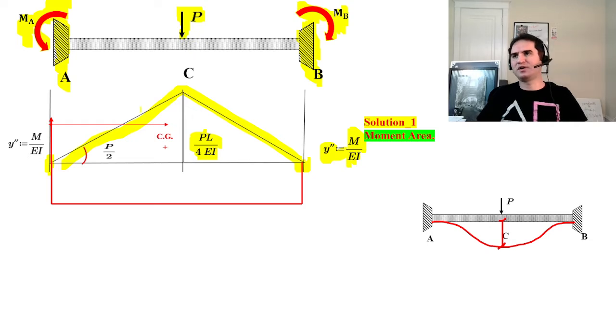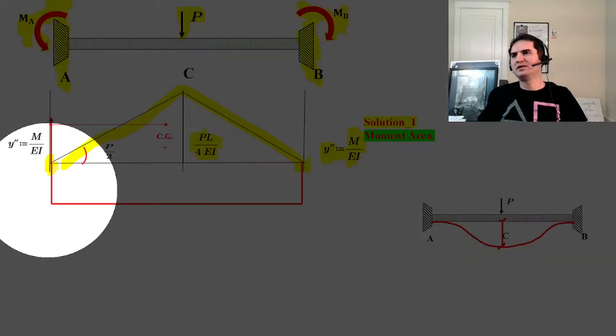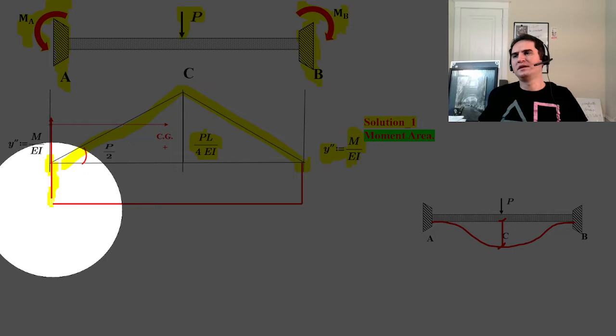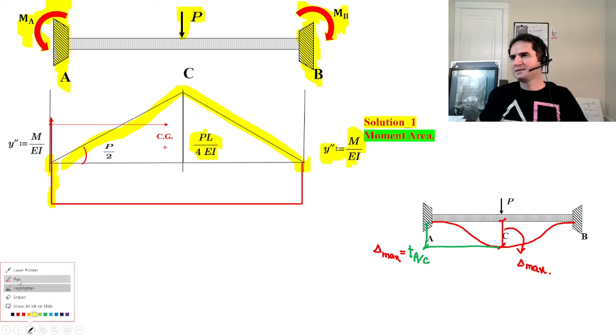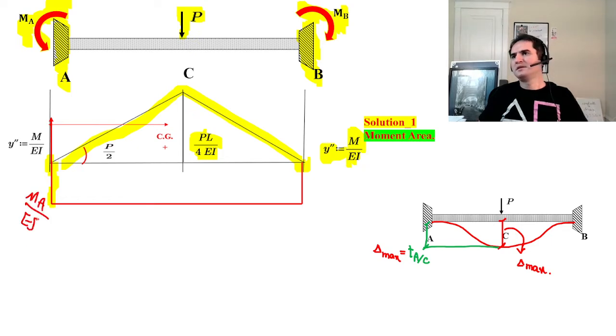So we are climbing down by the moment of A. That's the amount of MA, so that's MA over EI. Then there's no other moment from A to B, and all of a sudden MP.